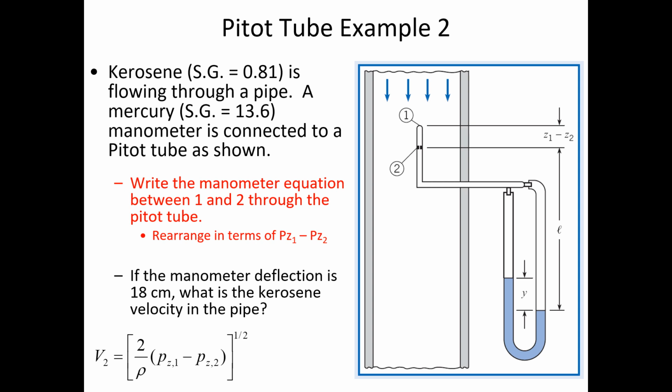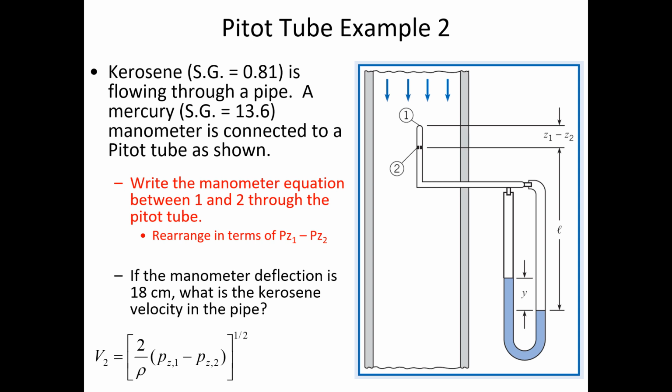So here is the P2 from the right side of the equation that's moved over to the left, and we still have the gamma of kerosene times Z2. And now I'm going to move these other terms to the right-hand side of the equation. So gamma of mercury times Y moved over to the right, and minus gamma of kerosene times Y moved over to the right.